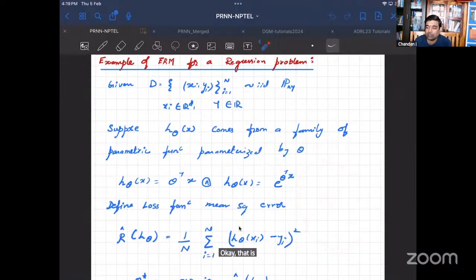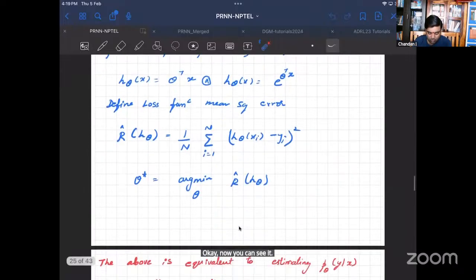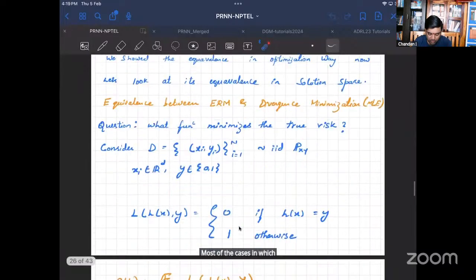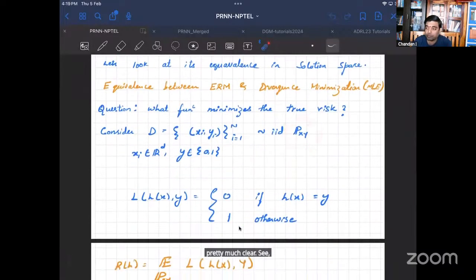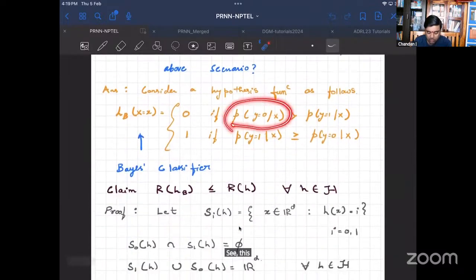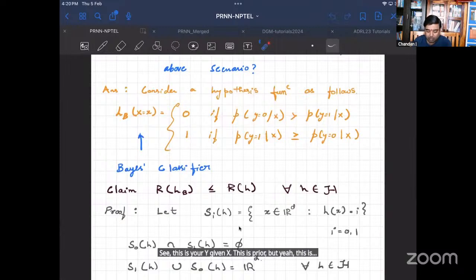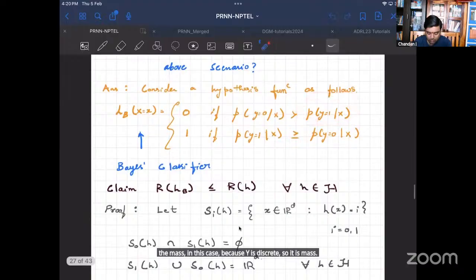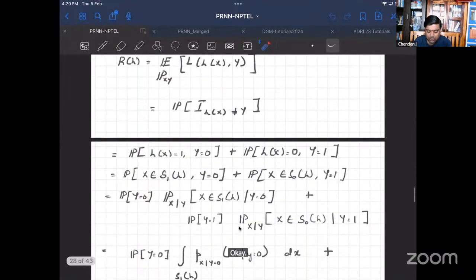See, this is the distribution, this is your y given x, this is the prior. But in this case it is mass because y is discrete. So it will be clear from the context in which it is used.